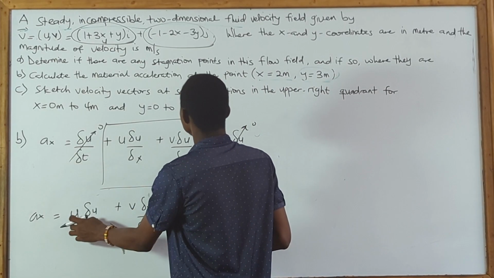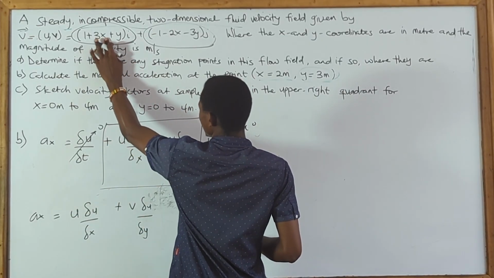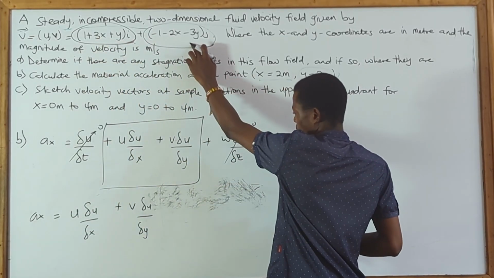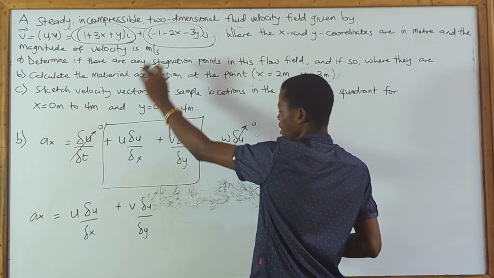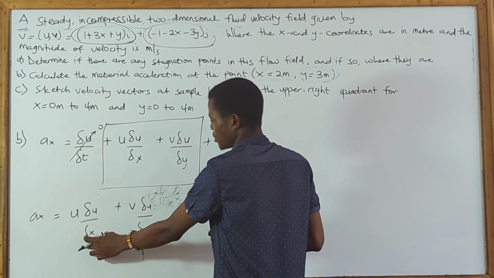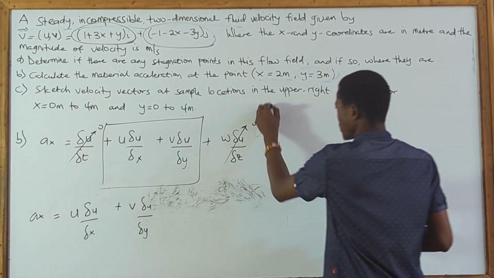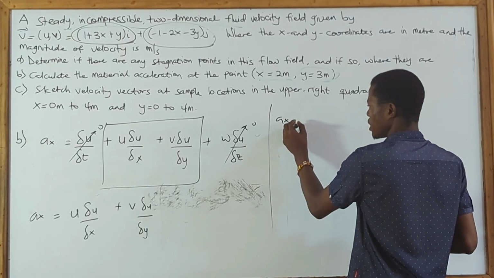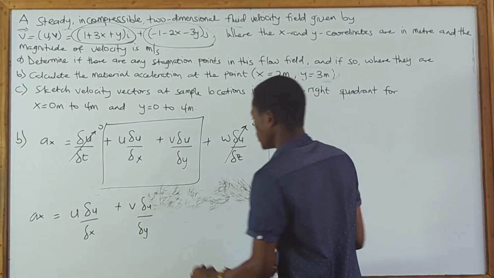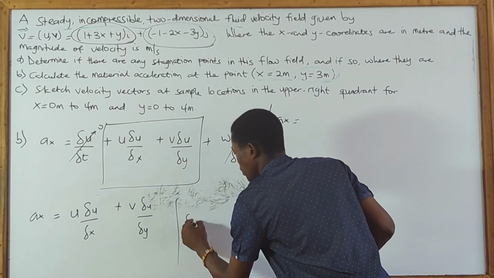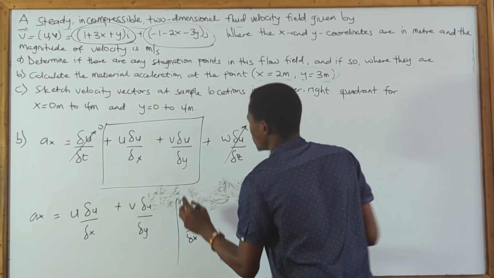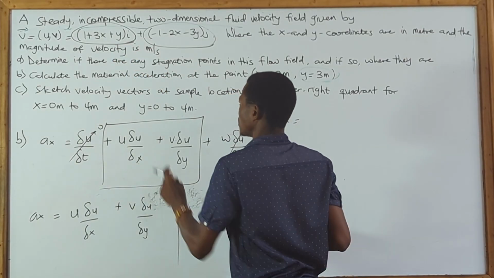We know this is our u, and we know this is our v. So we are going to differentiate them with respect to whatever we have here. So for our ax, let's find du dx. We are going to differentiate u with respect to x.